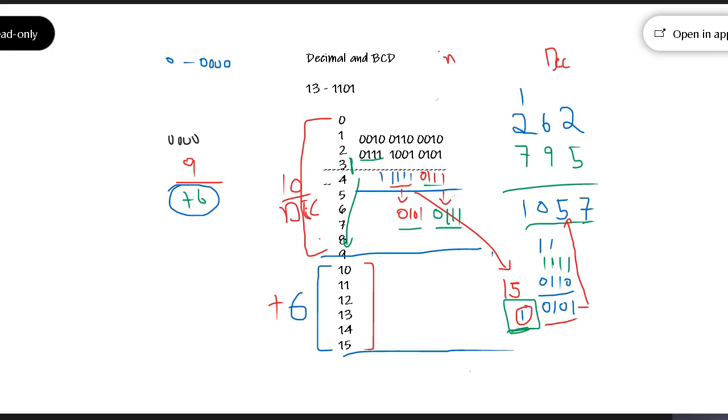Okay, 1 plus 1 is 0, that is 1 again. 1 plus 1 is 0, again that is 1. Okay, 1, 0, 0, 1. But what is this value here? It is 9, right? Correct?